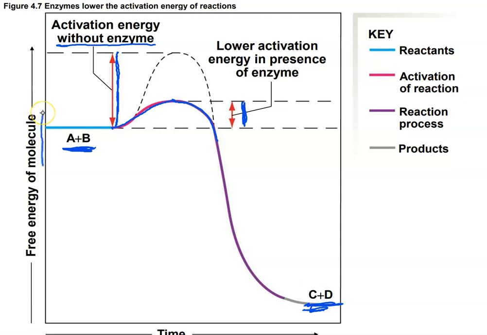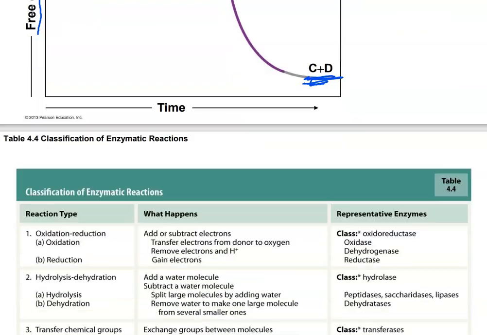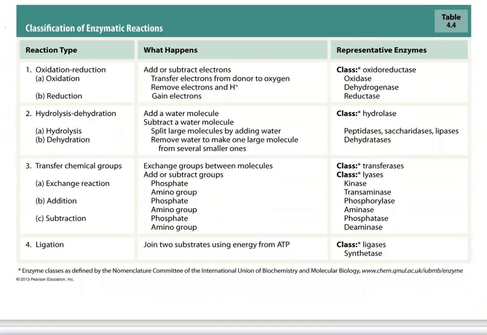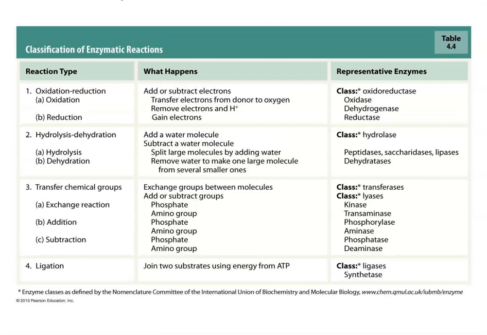Here, of course, on the y-axis we have the energy, and down here is our timeline. Okay, so make sure that you understand that graph. And this table right here, we have just some sort of a summary of different types of reactions.